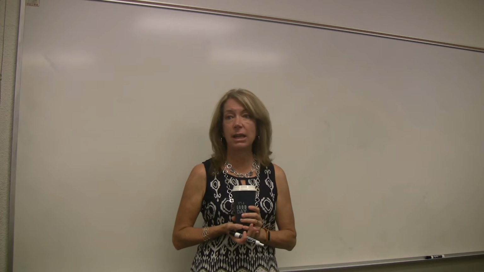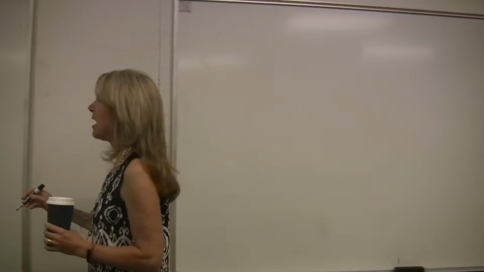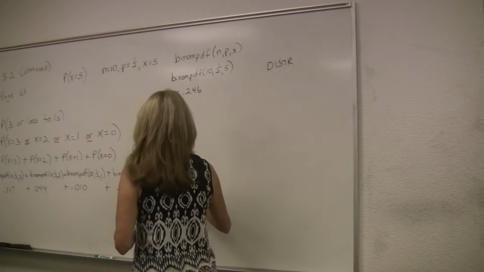That word unlikely is crucial in statistics. Who remembers the definition of unlikely? Has something to do with 0.05. What about the 0.05? If your probability is lower than 0.05, then your event is rare or unlikely. So this is not less than 0.05.